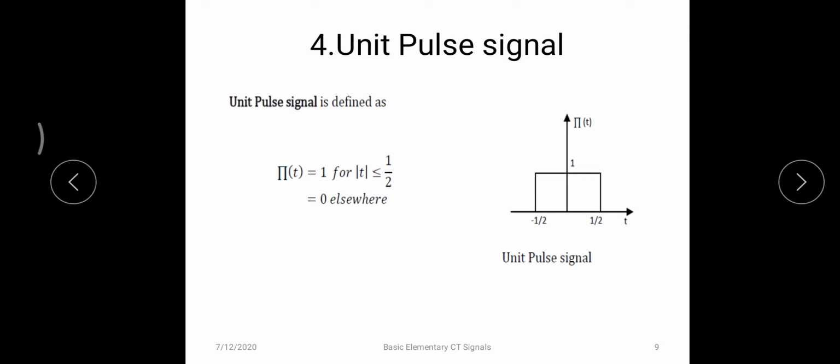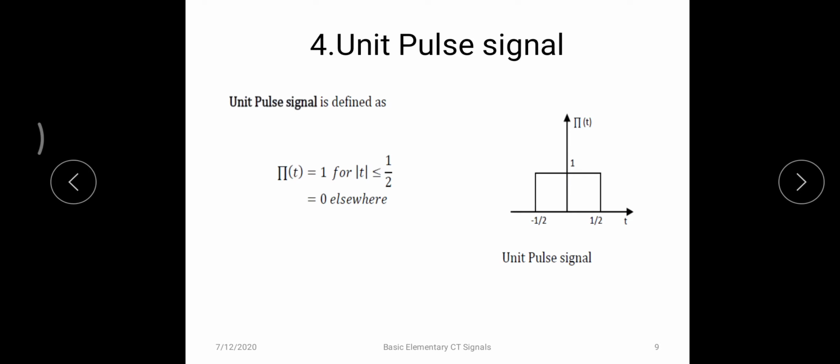The fourth important signal is the unit pulse signal. It is denoted as pi of t. Since once again it's continuous time, I am using t as a variable. The amplitude is 1. It exists only from minus 1 by 2 to plus 1 by 2. It's like a pulse signal.